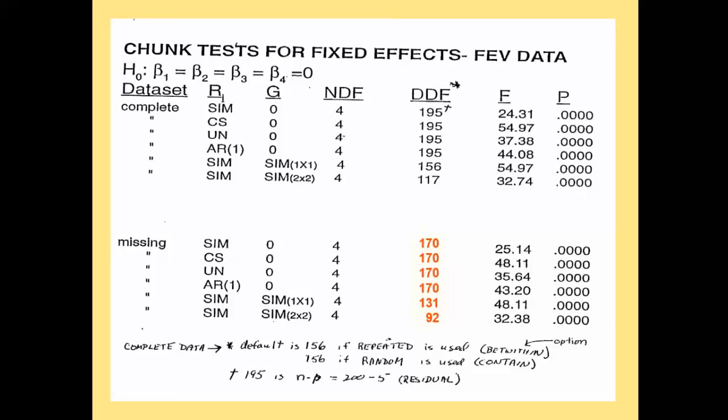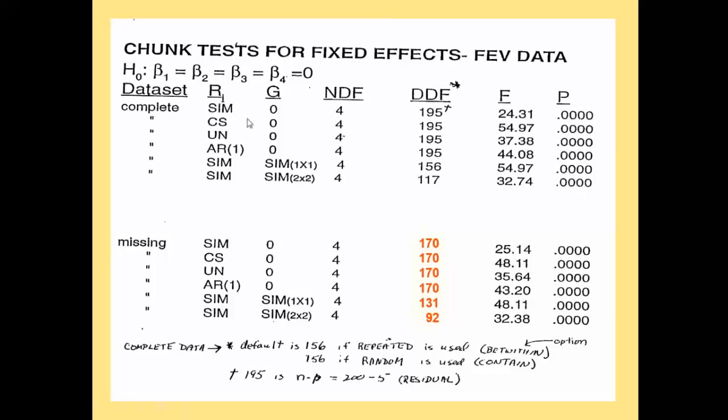If you're using a marginal model, with no random effects in the model, or even a conditional model without any random effects, my recommendation is the residual approach: the total number of observations minus the number of parameters in the model, which in this example would be 195.